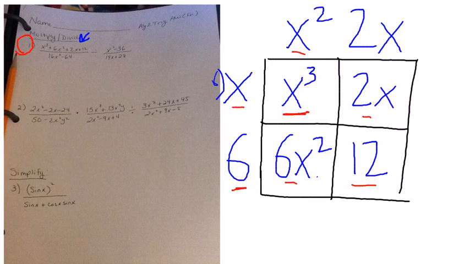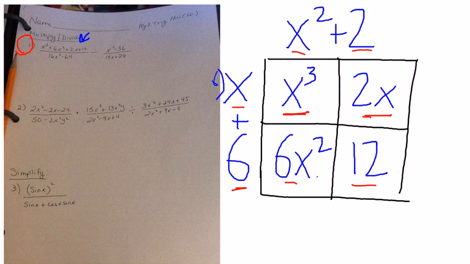And if this middle term is 2x, this here has got to be, actually that's got to be 2. 2 times x is 2x. And then 2 times 6 is 12. So you can see that those two binomials, x squared plus 2 and x plus 6, do multiply to give you the numerator of that fraction.